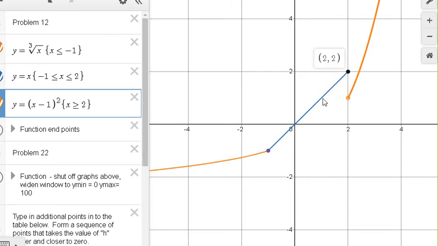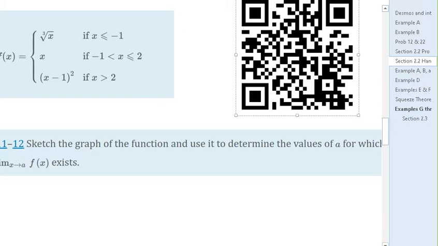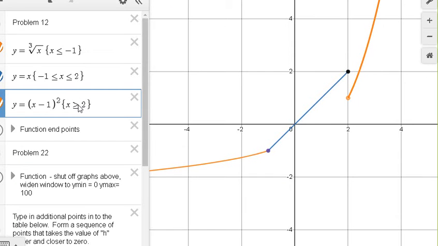My bad, I didn't look over here. For a second I was thinking it was undefined there, but no, it is defined. That's probably a typo. Let me take a look back at the function. Yeah, it should just be a greater than. Just make that a greater than. There we go. So now it's not defined at 2. But regardless, the limit from the left and the limit from the right are going to be different.